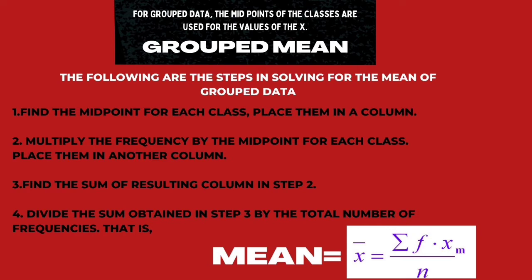Place them in another column. Number 3. Find the sum of the resulting column in step 2. Number 4. Divide the sum obtained in step 3 by the total number of frequencies, that is the mean. F stands for the frequency and X sub m stands for the midpoint of each class.